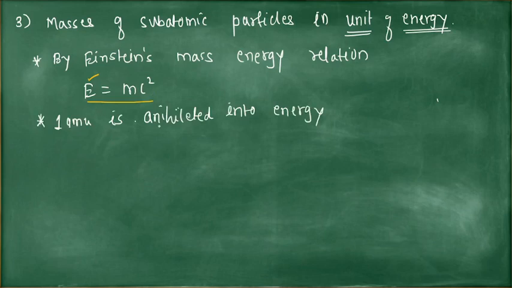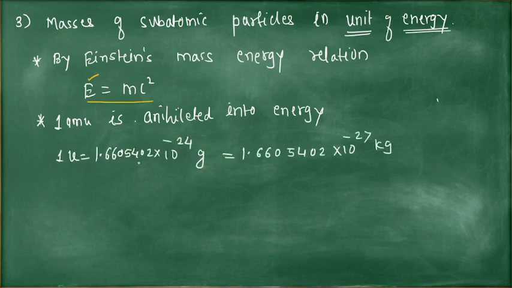So when 1 U of mass is annihilated, converted into energy, then how much energy is formed? So 1 U is equal to, this is in gram, so in kilogram you can write this, which is a very lengthy number.